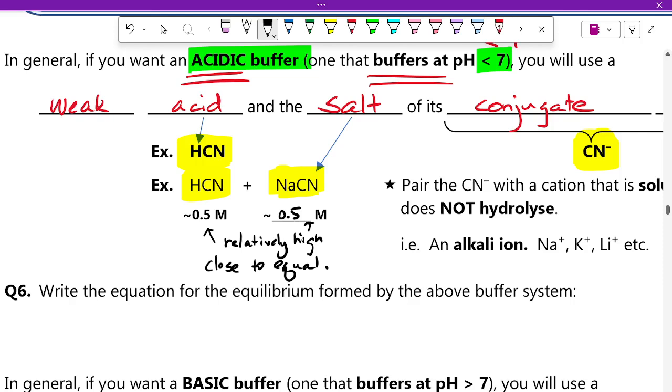Could you please write the equation for the equilibrium? And let's make this the net ionic equation for the equilibrium formed by the above buffer system, and I would like you to include water, please.